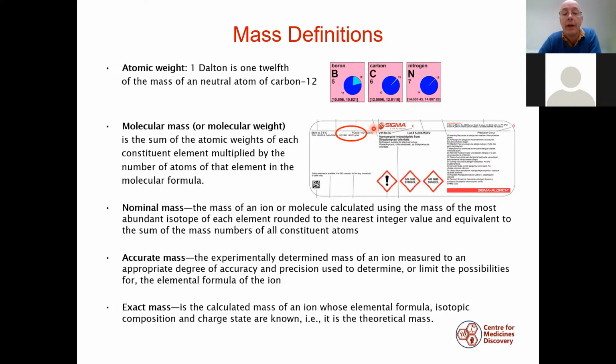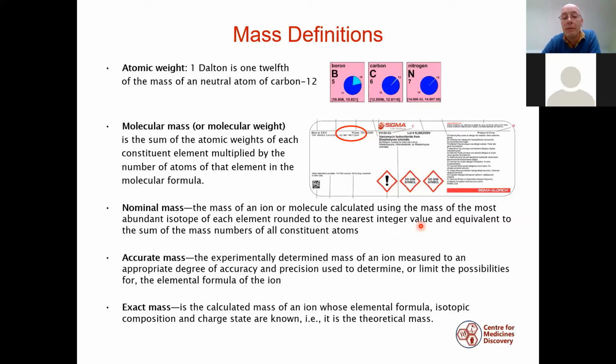Nominal mass is the mass of a molecule calculated using the most abundant isotope for each element, and then it's rounded to the nearest integer. You'll see that it is a useful value, and you'll see what that's for in a moment. The accurate mass is the experimentally determined mass.